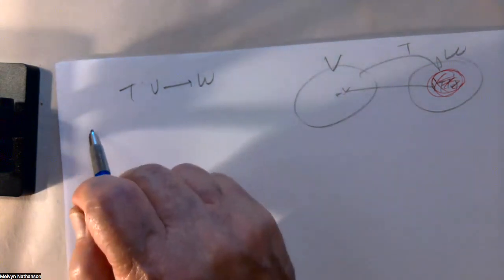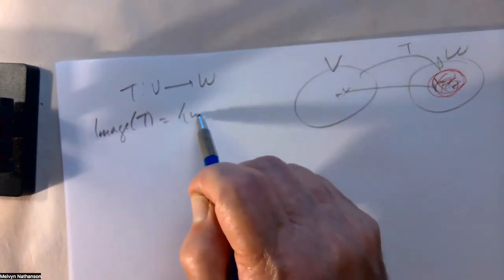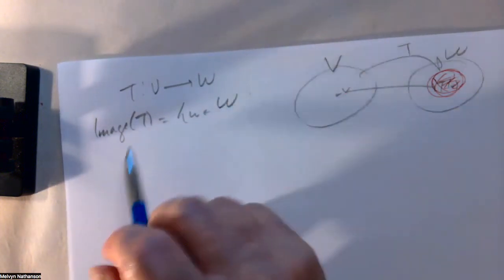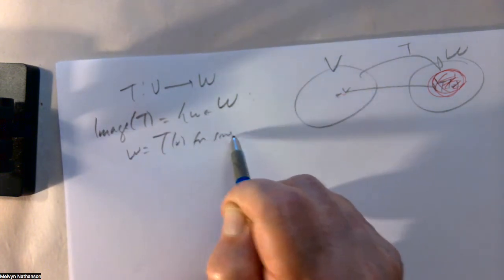So what is called the image of T, it's all vectors in W such that W is T of V for some V in V.